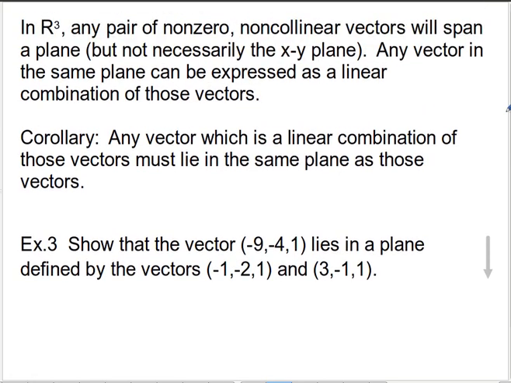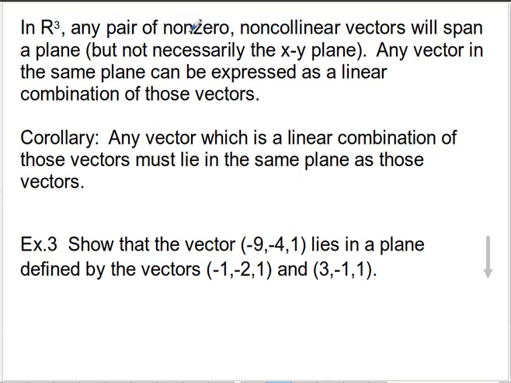Okay, what if we move into R3? Now in R3, we're not ready to really deal with the idea of spanning sets in R3. So what I'm going to talk about here is if I have a pair of non-zero noncollinear vectors in R2, those form a spanning set, which means essentially they can be used to represent the xy plane.